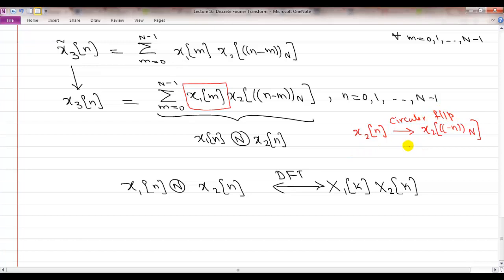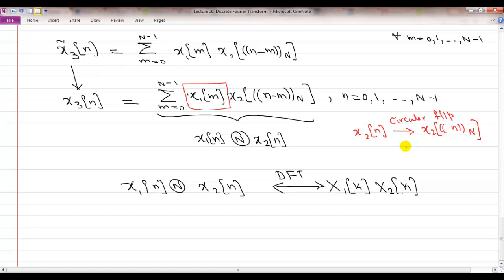And then you circularly shift it by different values. In linear convolution, you linearly shift it, and then you multiply the two sequences and add them up. In circular convolution, after doing the circular flip, you keep on doing the circular shift.